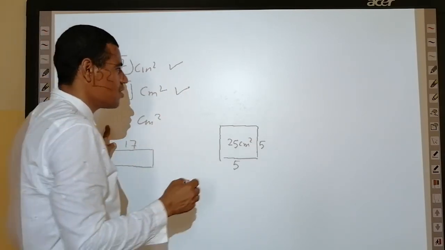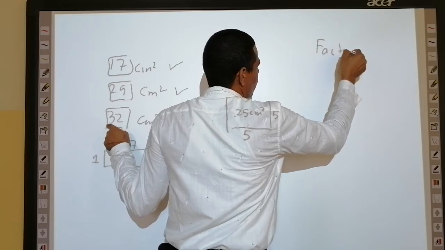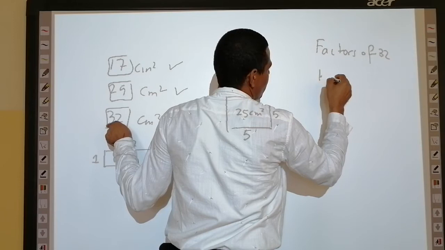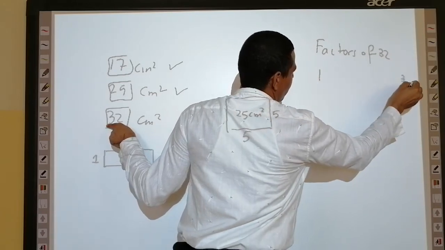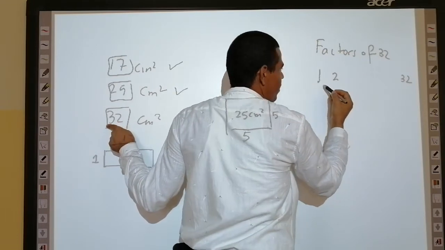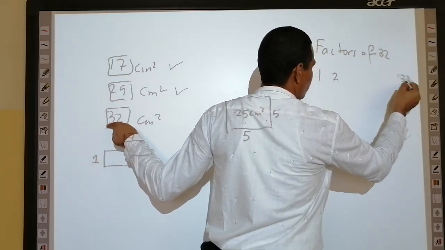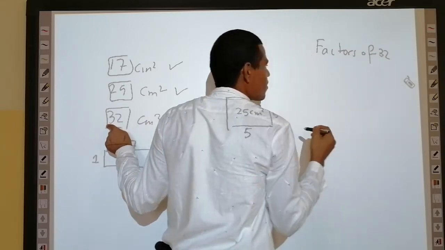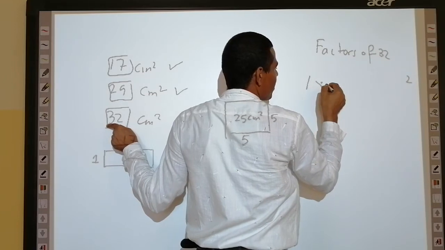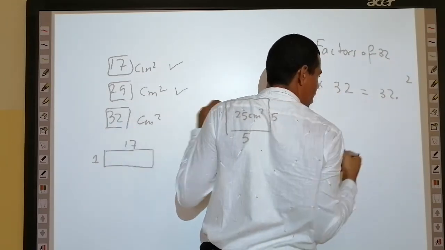And 32, my learners. What are the factors of 32? Factors of 32, my learners, are 1 and 32, aren't they? Look, first of all, 1 multiplied by 32 is 32.